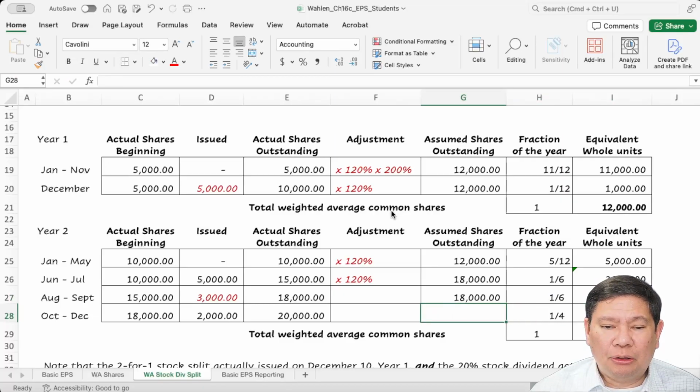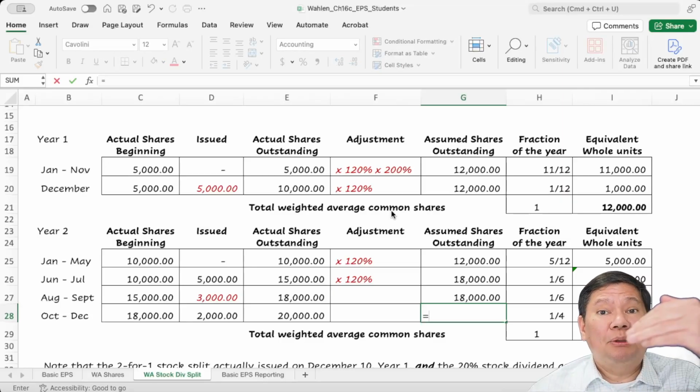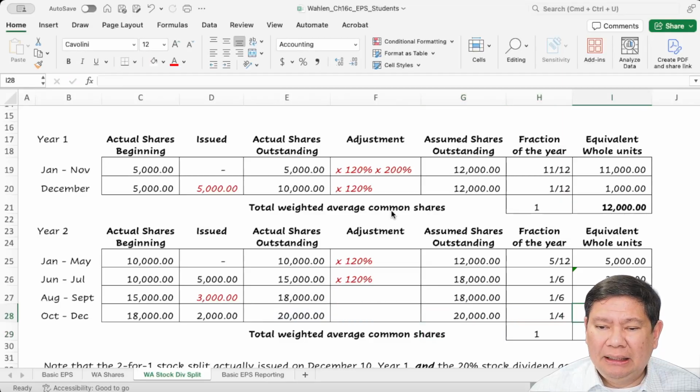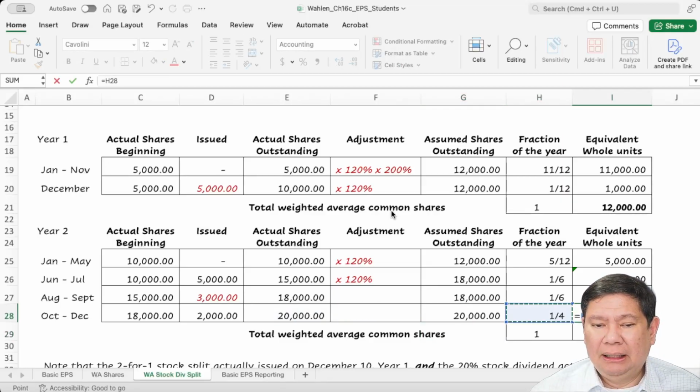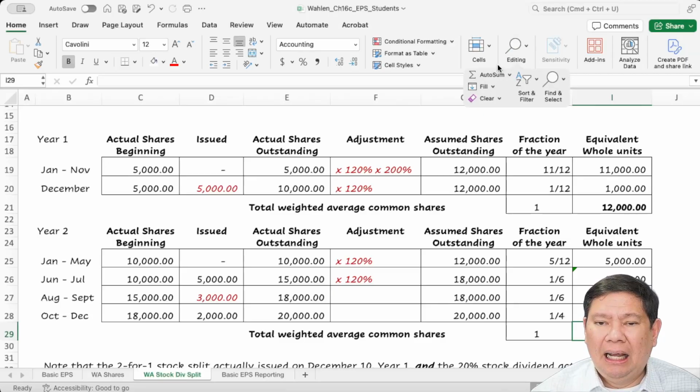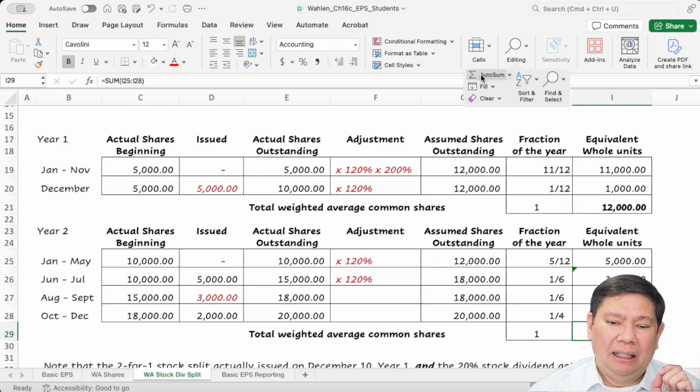And finally, October through December, no adjustment because the adjustment moves backward, not forward. That's 20,000 shares for October, November, and December, 3 months out of 12, which is 1/4, times 20,000, 5,000 shares. When we add those, we have 16,000 weighted average common shares outstanding for year 2.